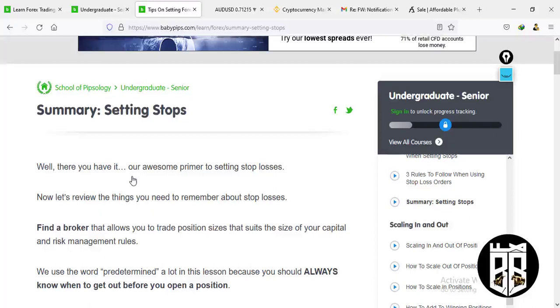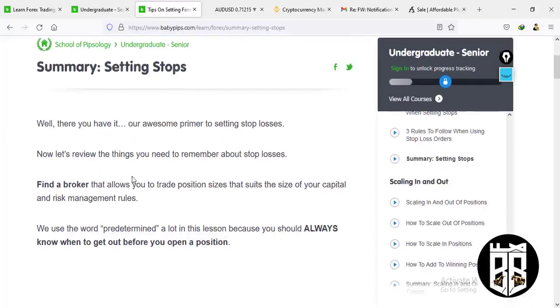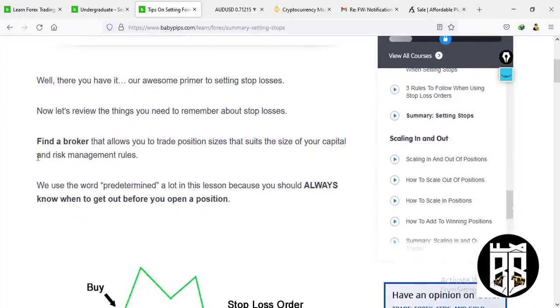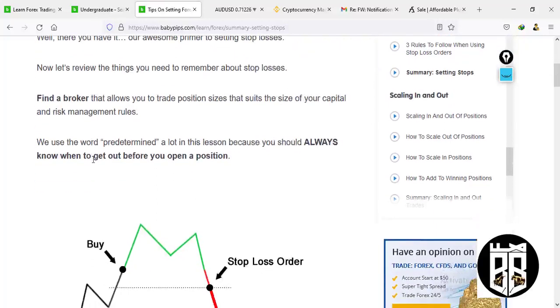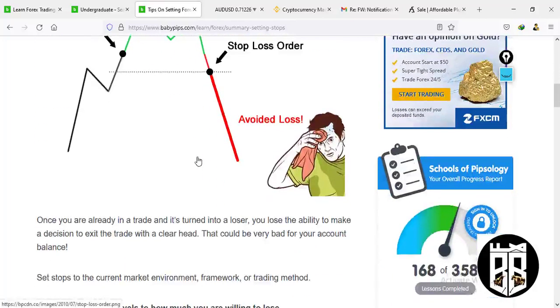So here we are on summary setting stops. Well done. We've learned a lot about setting stop losses, and we've also learned how to find a good broker that allows you to take a position size that suits your capital and risk management rules. We also use the word predetermined a lot, because you should always know when to get out before you open a position.